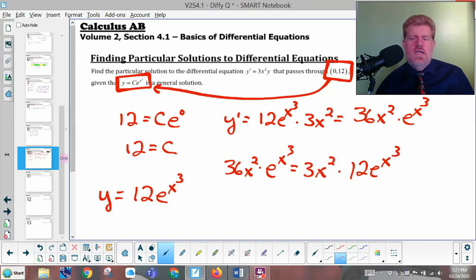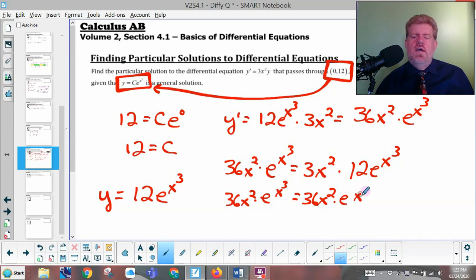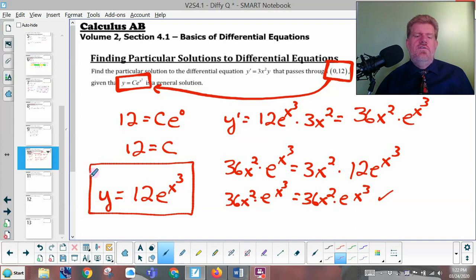Looks pretty solid to me. 36x squared e to the x cubed. If I multiply 12 times 3, I get 36. Let's write it out. 36x squared times e to the x cubed equals 12 times 3 is 36x squared times e to the x cubed. That's a true statement, so we have verified that that is the particular solution.